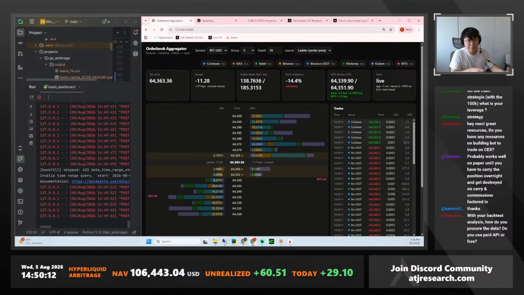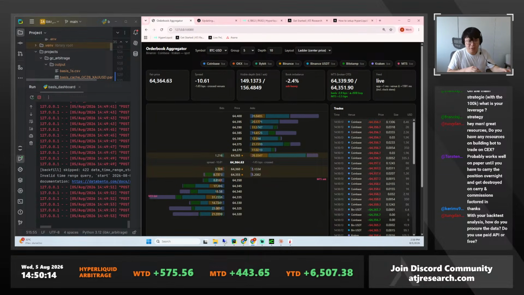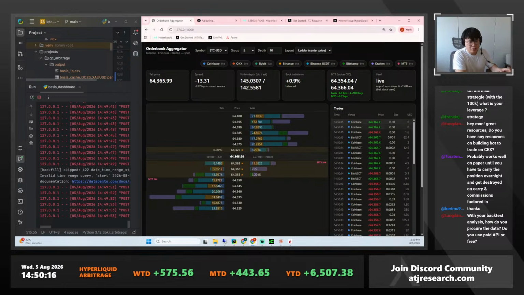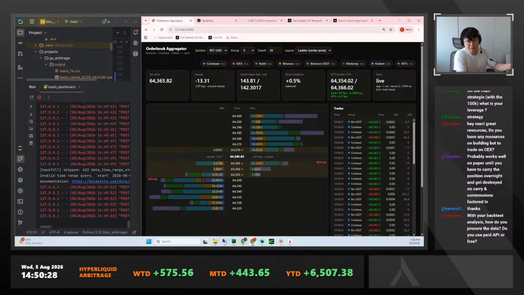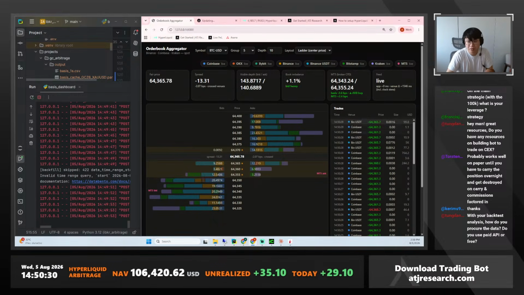All I had to do was replace an exchange, replace a symbol, or replace the logic, do some little tweaks. But I think if you have the skill to create an arbitrage bot between exchanges, and at least attempt to build it, you'll progress much further than the people who just give up.